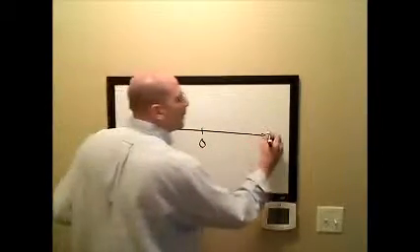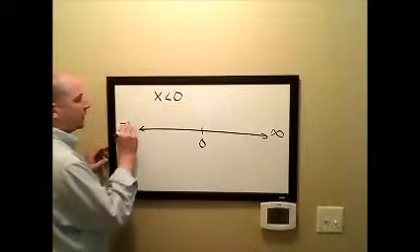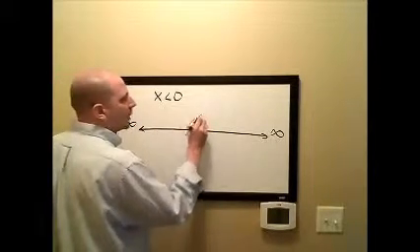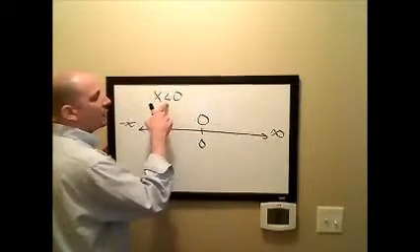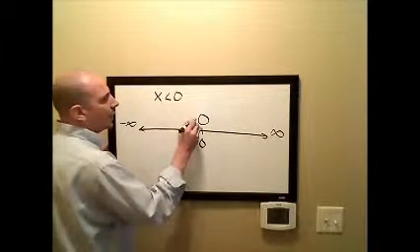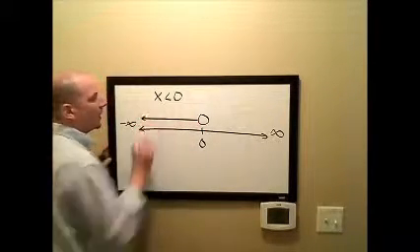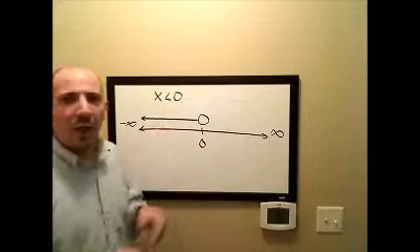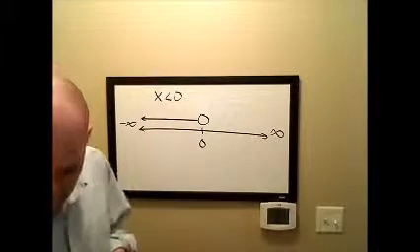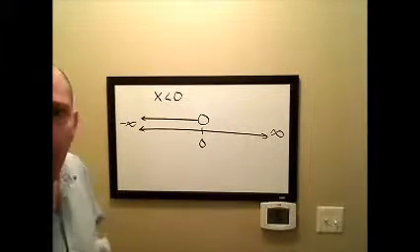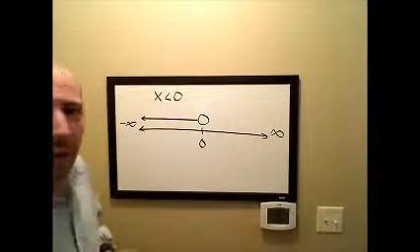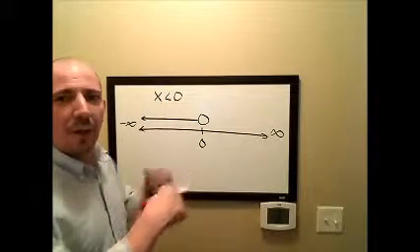I'm going to put an open circle because this does not include 0, and then I'm going to go to the left. So that right there is the graph of x is less than 0. Now what I'm going to do is throw out the opposite of that. Let's say that I multiply both sides by negative 1.